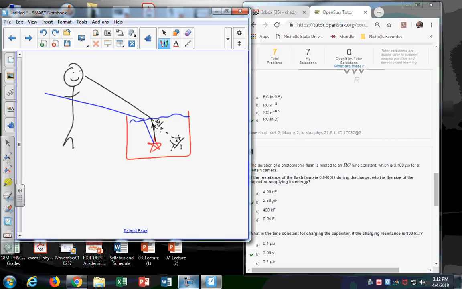Because it just doesn't go to the person's eye. But when the person sees this light ray coming to their eye, the mind doesn't think, oh, the light has bent. It just says the object is along that light ray. That's where it sees the image of the object. Okay? All right.